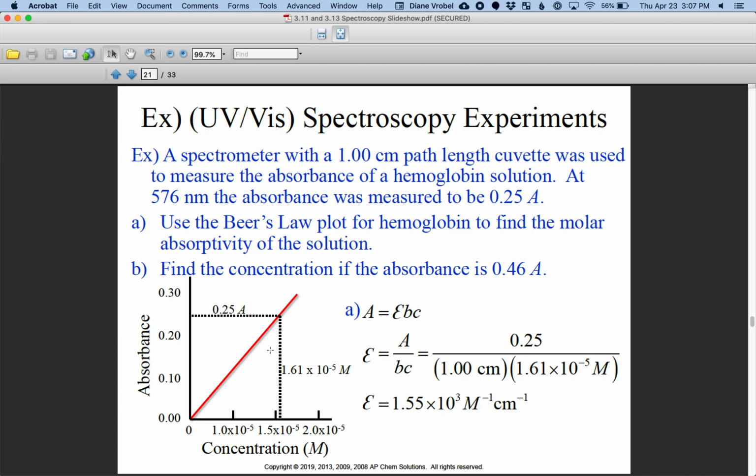Now, in this situation here, they're actually asking for molar absorptivity. So you know the path length, you know the absorbance, and you know the concentration. So you're essentially solving for molar absorptivity.